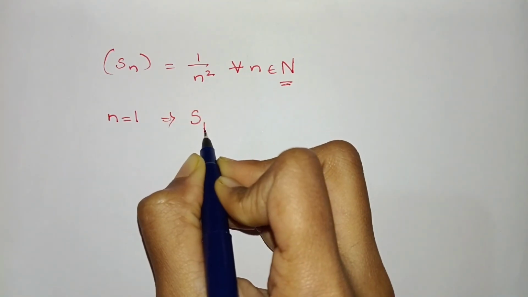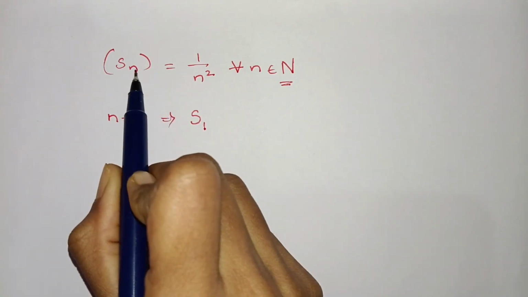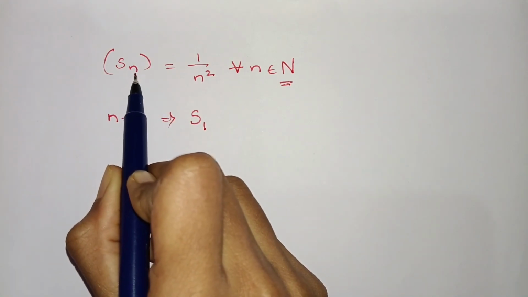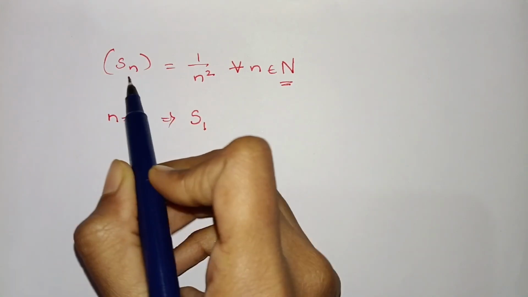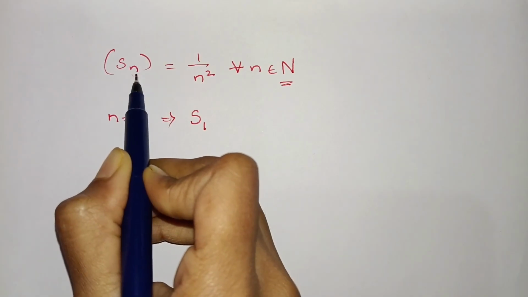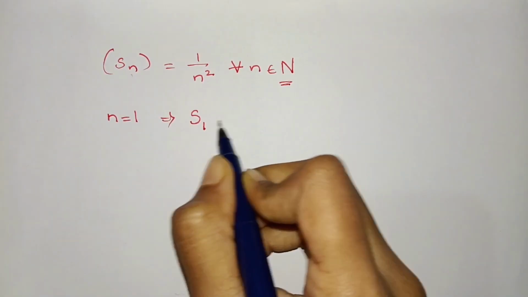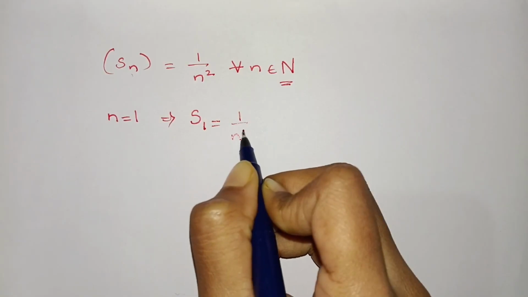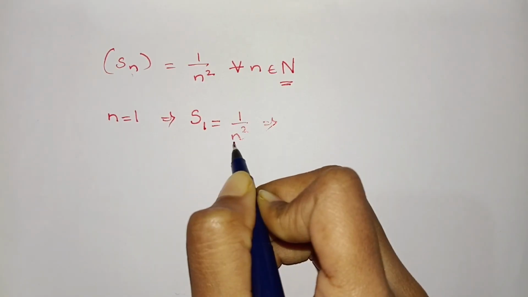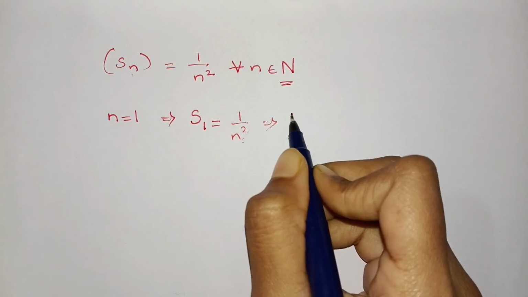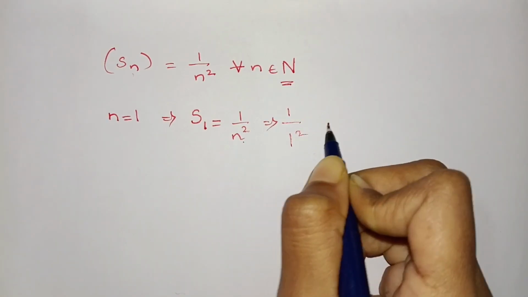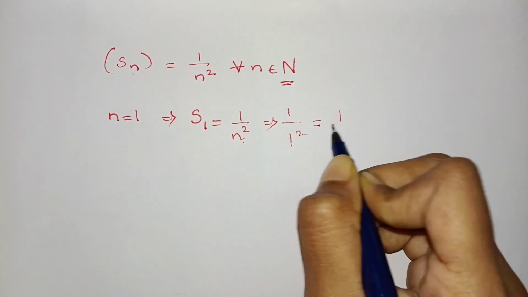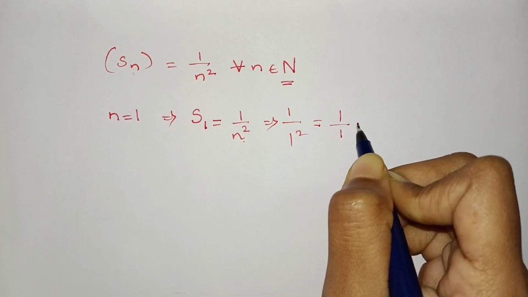Why have I written 1 here? Because we need to substitute all the natural numbers in place of n. So S1 is equal to 1 by n square, so in place of n we substitute 1. 1 by 1 square, and 1 square is 1. So the answer is 1.